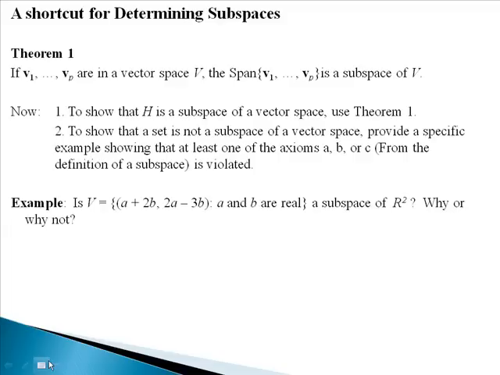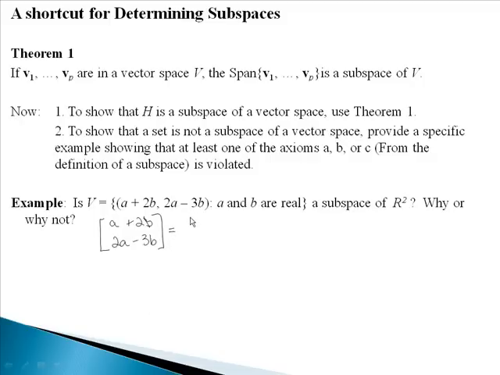So in this example, is V, which is equal to (A plus 2B) and then (2A minus 3B), where A and B are real, a subspace of R2? Why or why not? So first thing I'm going to do is write this in column form. So I have A plus 2B and then 2A minus 3B.